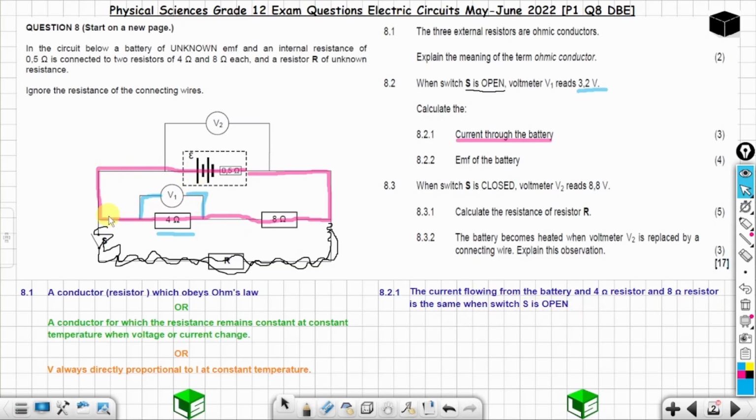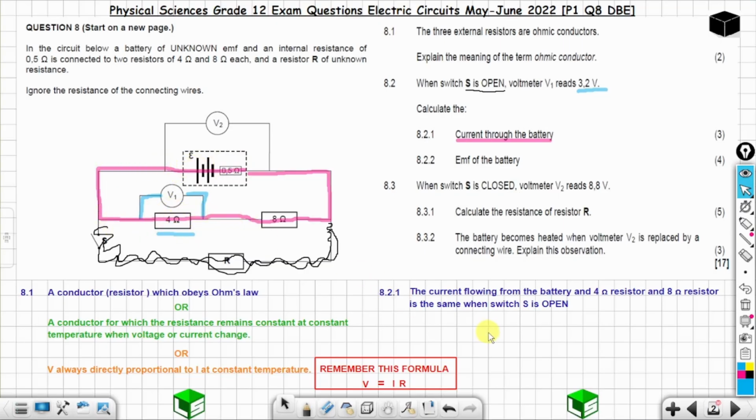So we can use the information of the 4 ohms resistor because we have enough information. We are going to use this formula. We know the voltage and we know the resistance, we can find the current through the 4 ohms resistor. This is the same current through the battery.